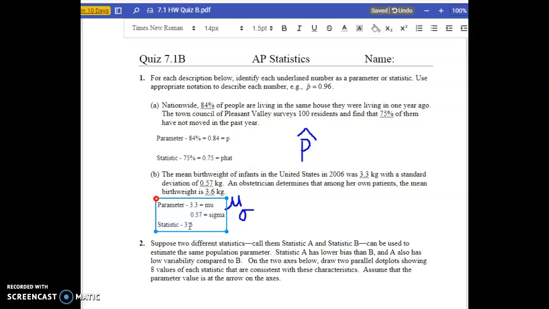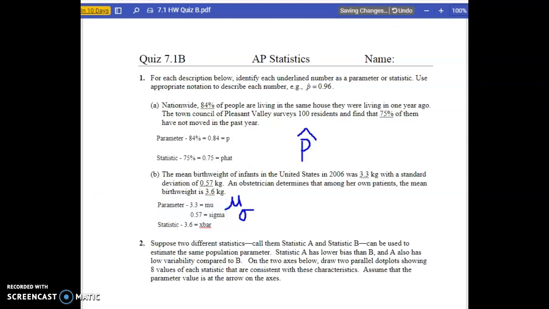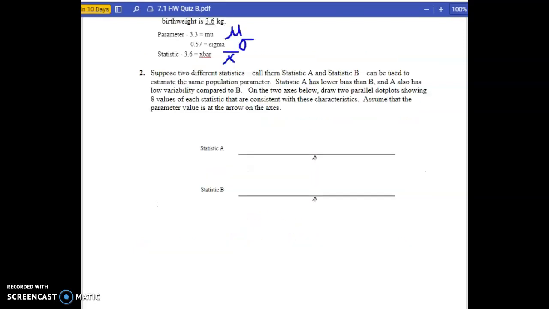Well, that's of this doctor's specific patients, so that's a small subset. Not necessarily has to be the same time period. And that's an x bar. And again, if you forget these symbols, x bar is just an x with a line over top. That's a sample mean.